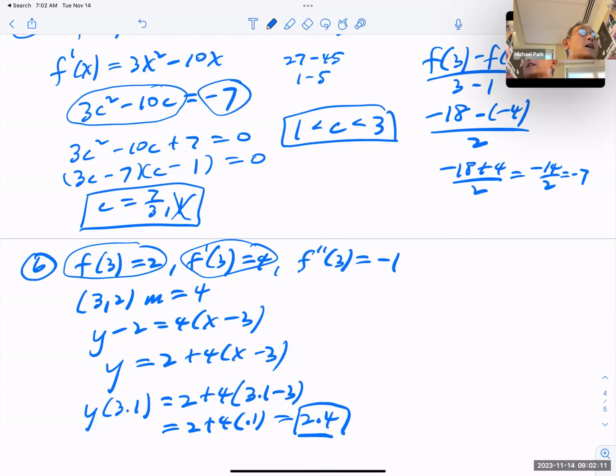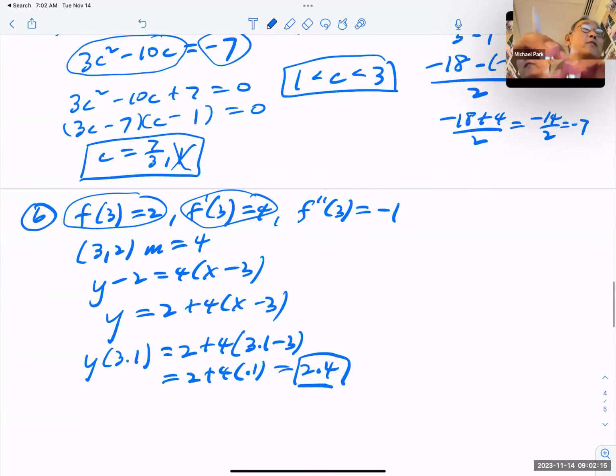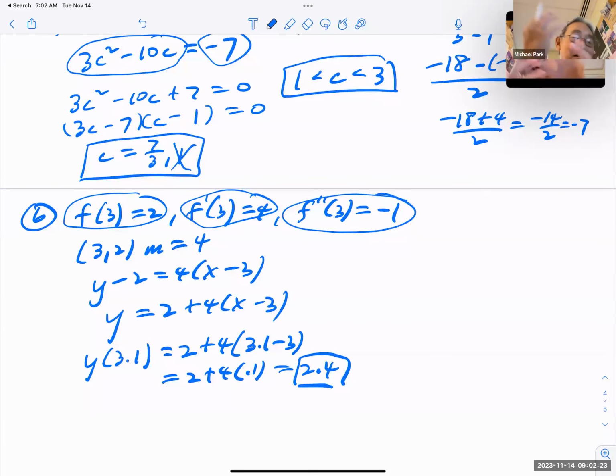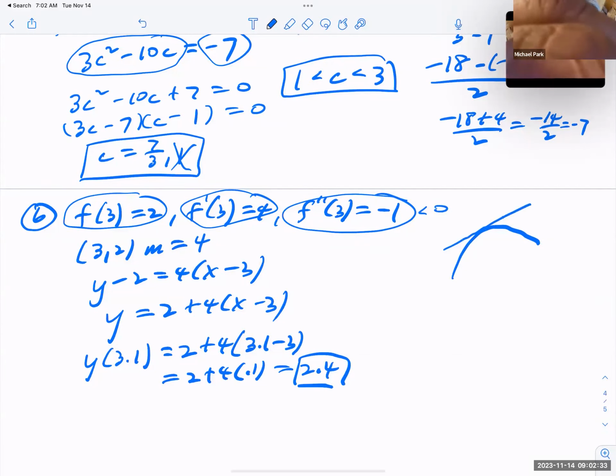Now, is this an under or an overestimate? Now you need to justify your answer. So we need to know the concavity of the graph when x equals 3. So we look at the second derivative. Everything's given here. So negative 1 is negative, which means f is concave down, which means when you have your point on the line, it's going to be above the actual point.